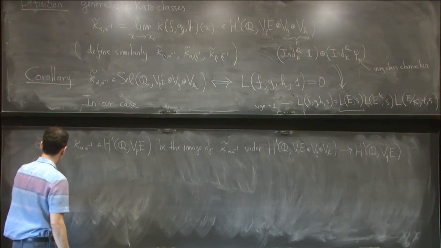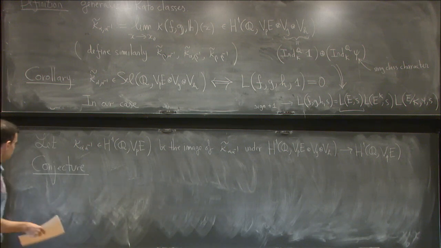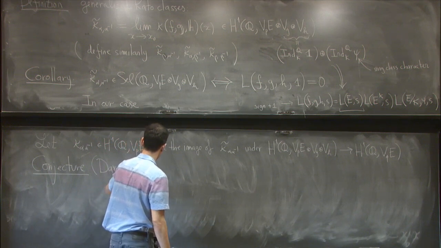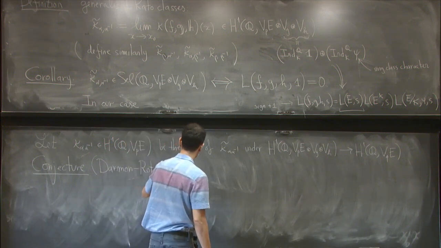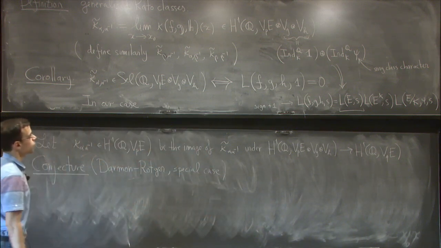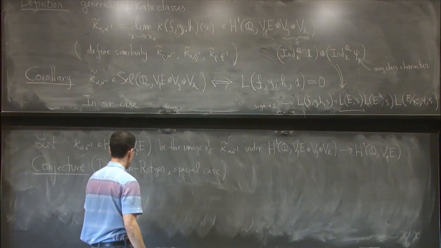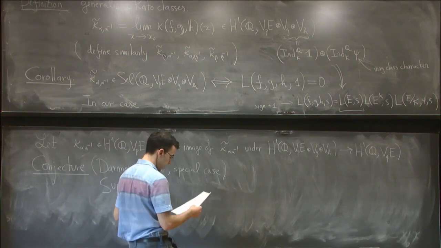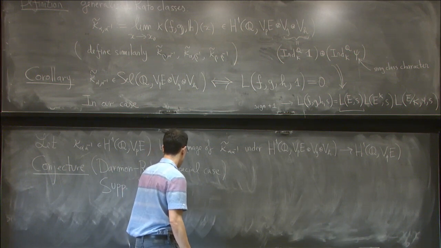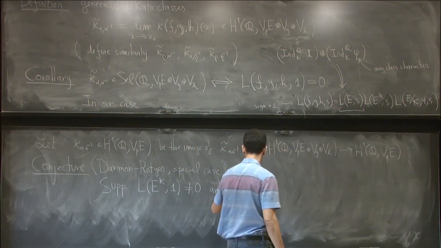Okay, so the special case of the conjecture of Darmon-Rotger that I want to state is the following. Suppose, as I was saying, that the order of vanishing is concentrated on the factor coming from the Hasse-Weil L-series of E. So assume that L for the quadratic twist doesn't vanish at 1, and the same thing for the third factor.